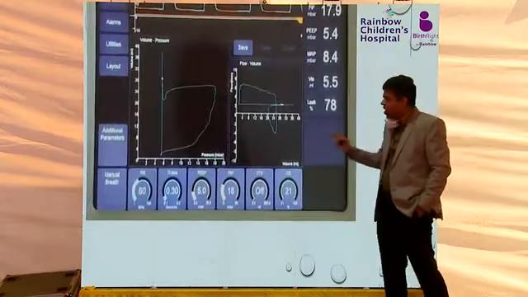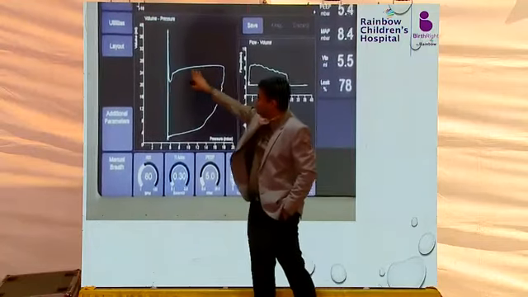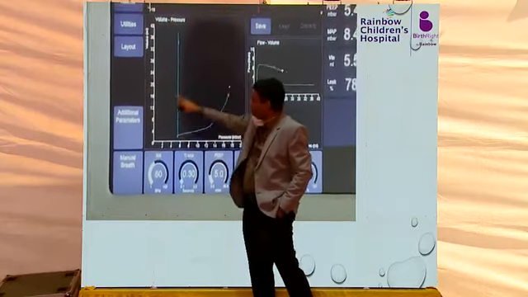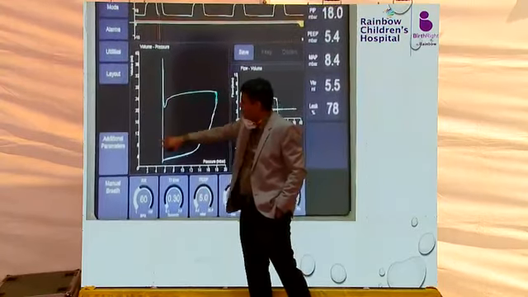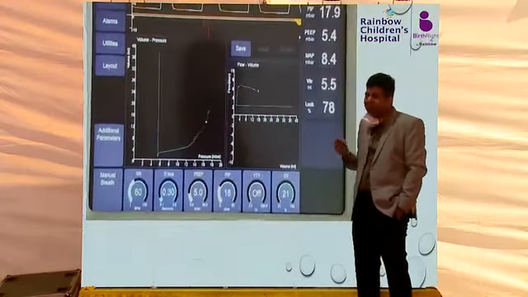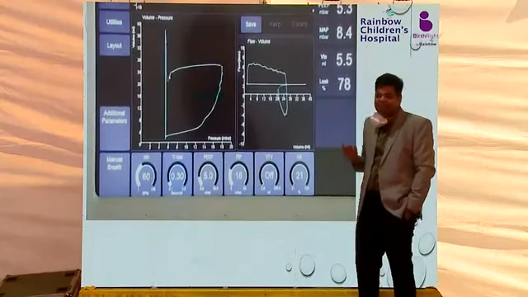Okay, so now here is inspiration. Down here, what is happening? This is peritubal leak, not pneumothorax. This is a leak which is happening.